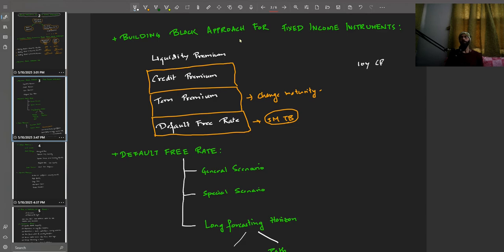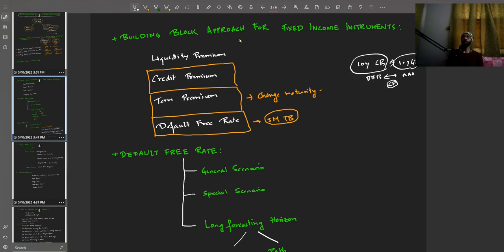You are trying to invest in a 10-year corporate bond. You compare it with a 10-year government bond, and you see that this corporate bond has a rating of BBB, while the government bond has a rating of AAA. Now based on this, there will be a premium. This premium is called the credit premium.